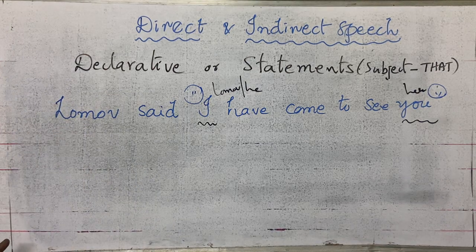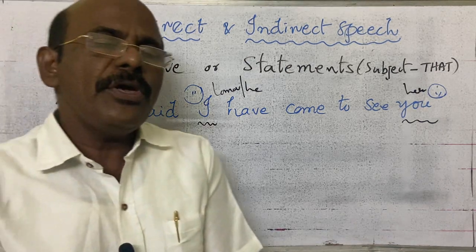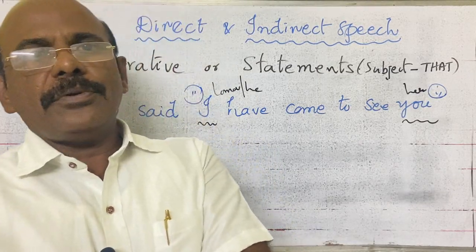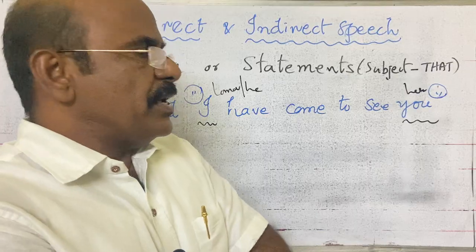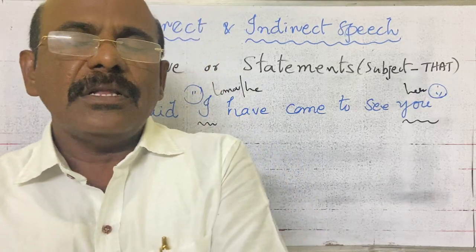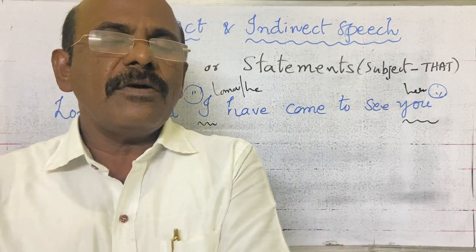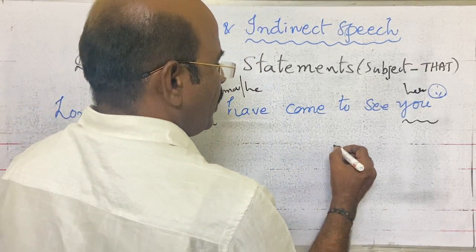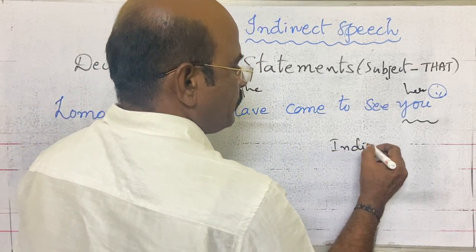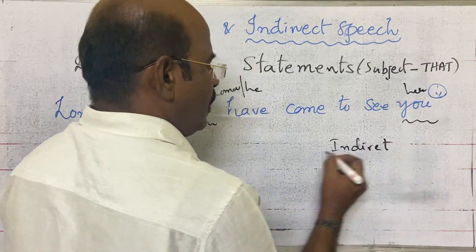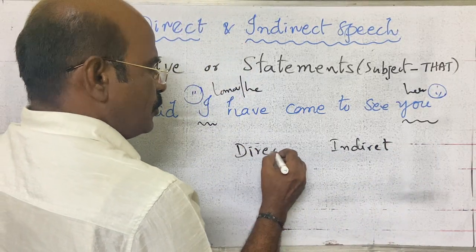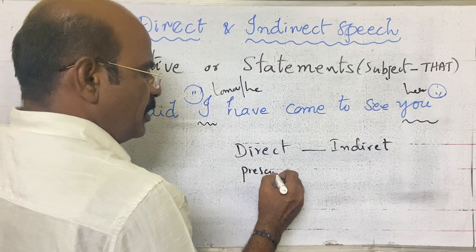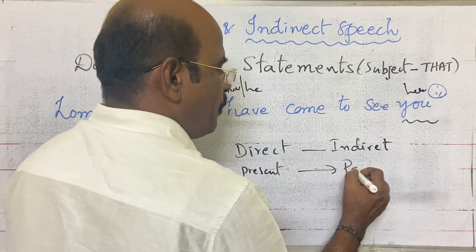That is one rule. The second rule is that the verb has to be changed. Verbs are of type 1 and type 2. Type 1 means universal truths, where the verb is not going to change; you write the verb as it is. In type 2, if the verb is in the present tense, it is written into the past tense.